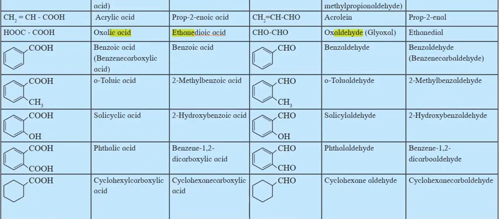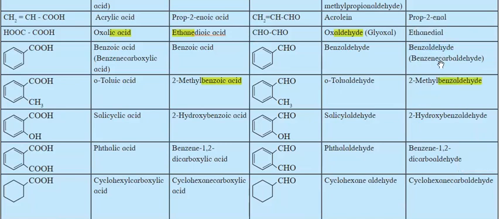Then next, for aromatic, benzoic acid, then 2-methyl benzoic acid. Benzoic acid is similar, but the second carbon contains a CH3 group. Similarly, methyl benzaldehyde: a benzene ring containing CHO is benzaldehyde.